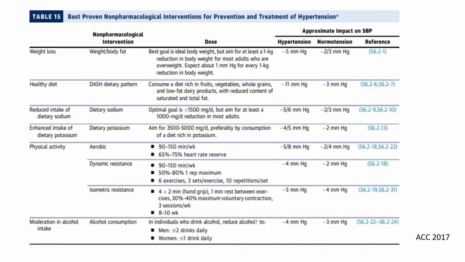These are the non-pharmacologic interventions we can implement to prevent and treat hypertension. Advice on weight loss is very important, since a decrease of every 1 kilogram of body weight is expected to decrease blood pressure by 1 millimeter of mercury.